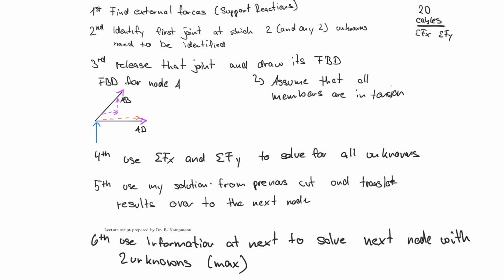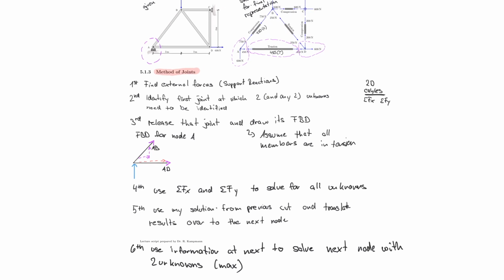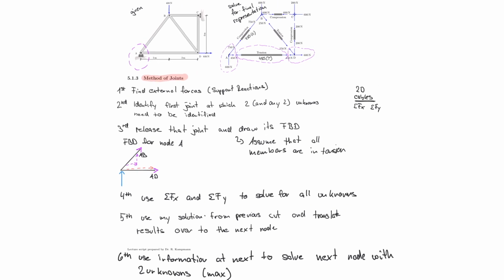And so you can work your way through that, and you see that all your following results will rely on your previous results. So it's a method that can quickly lead to issues. However, that is what you can do, and then you kind of repeat everything else, right? So repeat until all member forces are known.